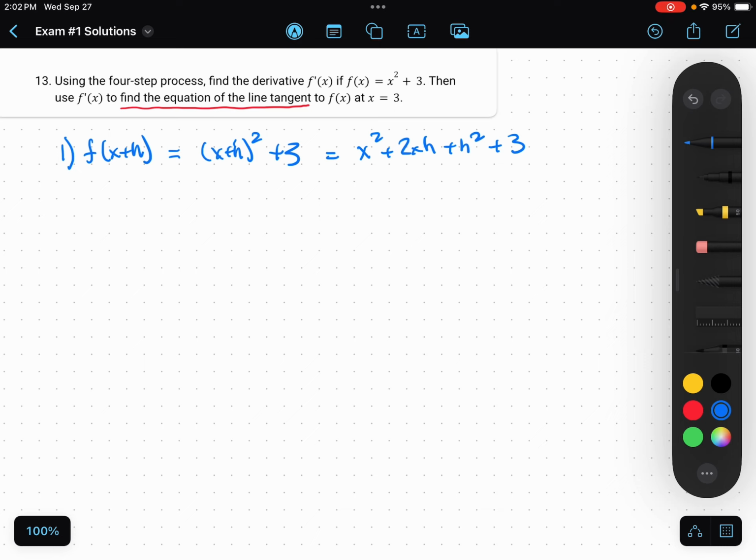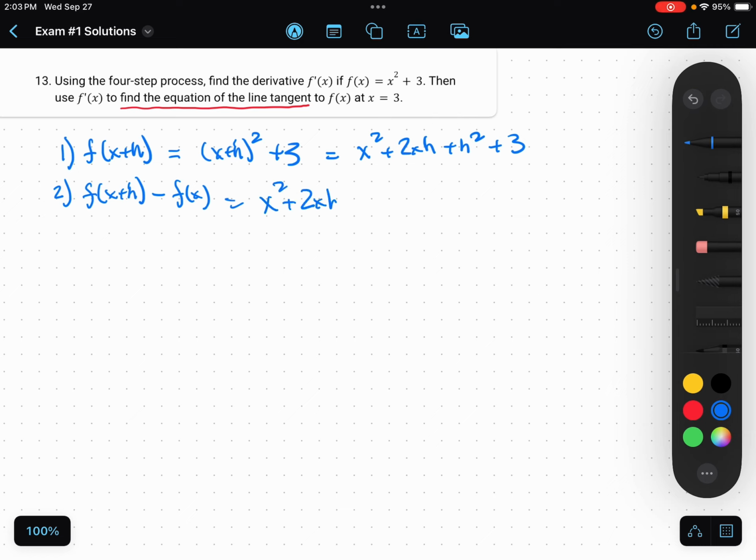For step 2, we're going to take that answer, f of x plus h, and we're going to subtract f of x. So take my last answer and subtract off x squared plus 3. Just be careful with how you do the subtraction.